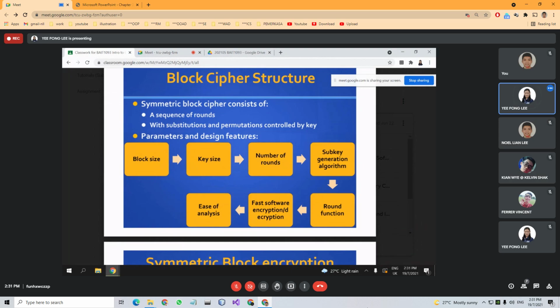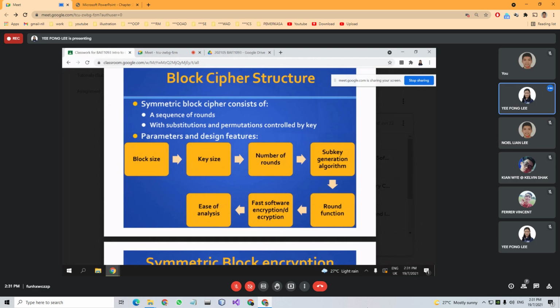For key size, a larger key size means greater security because it is hard to crack, but we have to think that encryption and decryption speed might be reduced. The most common key length nowadays in modern algorithms is 128 bits.